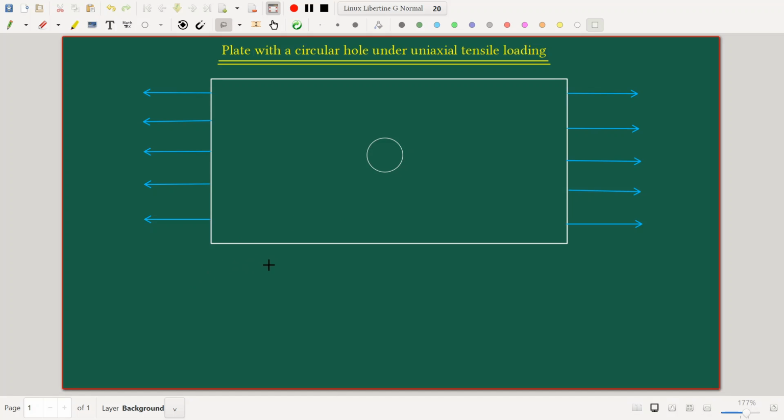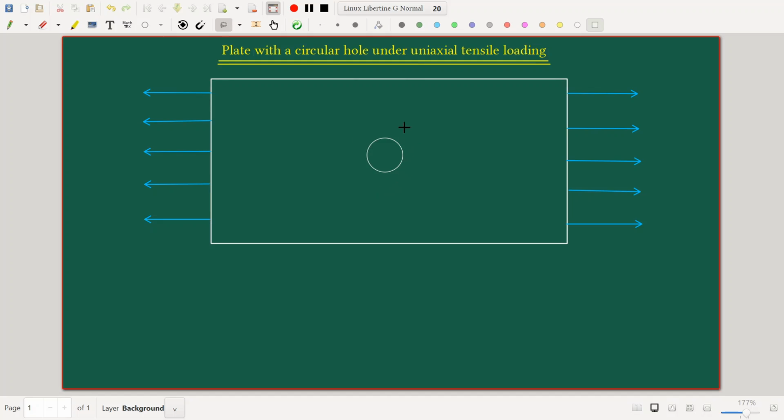So we have this apparently not very convenient looking situation where even though the geometry is very regular, like we have a rectangular plate, it's a nice geometry, and within it very nicely there is a circular hole. But if you think about how we may address this elasticity problem in terms of finding out the stresses, there does not seem to be a direct way out.